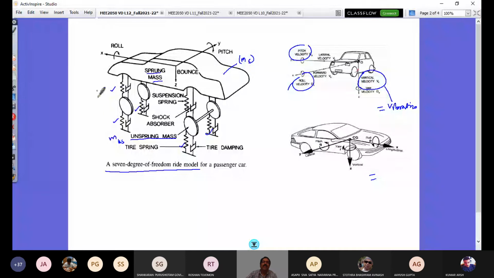If you have this 7-degree-of-freedom model, you are able to apply Newton's second law of motion and generate the necessary governing equations, and those governing equations can be solved for their responses. In the responses, you would be able to get their amplitudes. If the amplitudes of these three motions of the body are under control, then the vehicle suspensions are designed appropriately.